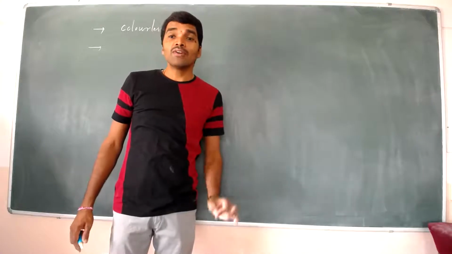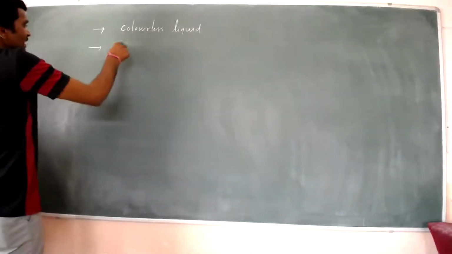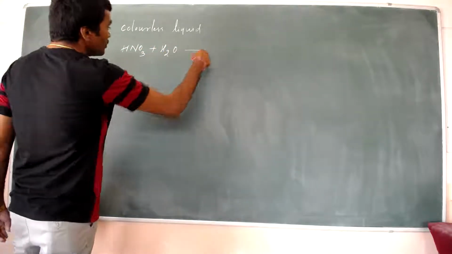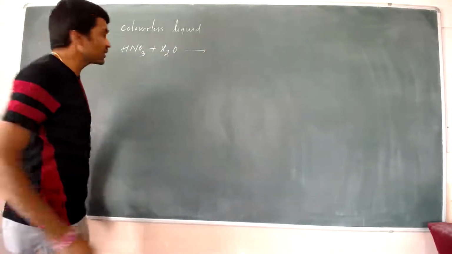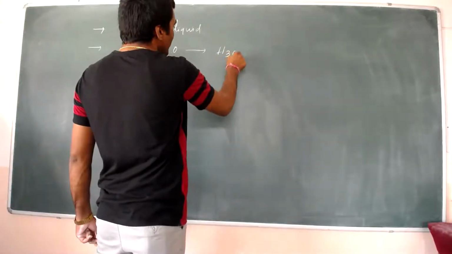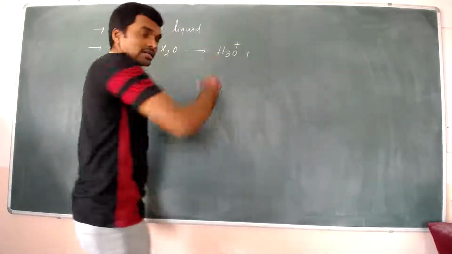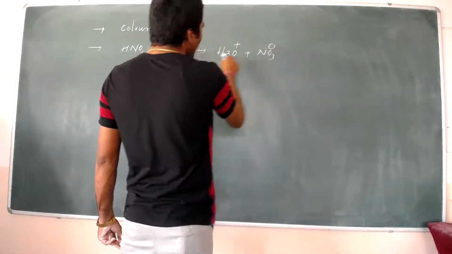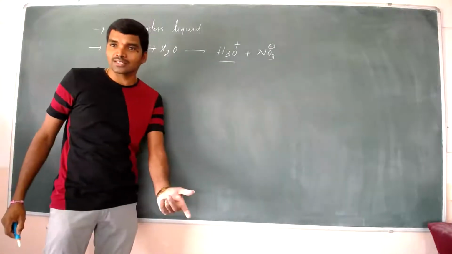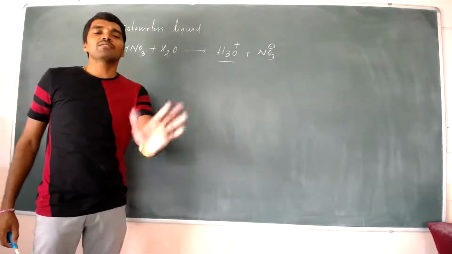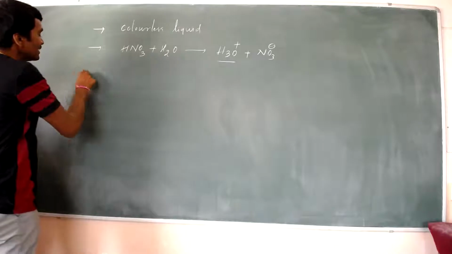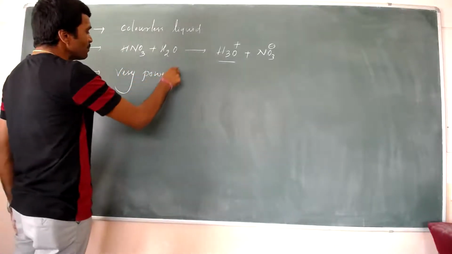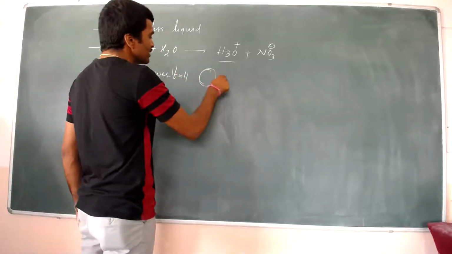Nitric acid dissolved in water forms hydronium ion, H3O+, and NO3-. This hydronium ion confirms that nitric acid is a powerful acid. And you know that nitric acid is also a very powerful oxidizing agent.